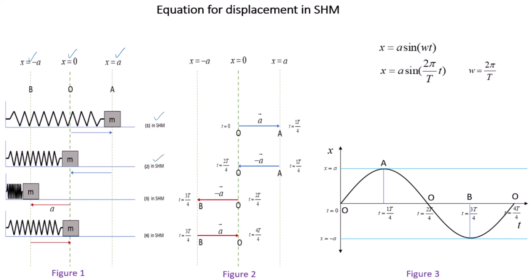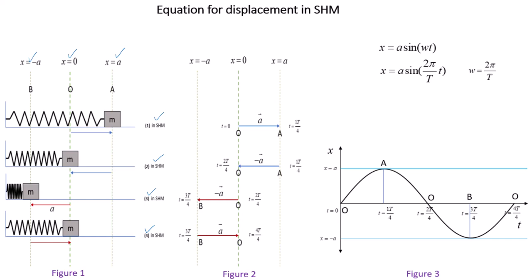Part 2, in which the object moves from point A to point O. And part 3, in which the object moves from point O to point B, that means towards the negative x direction. And finally, in part 4, the object moves from point B to the point O. So summarizing again, simple harmonic motion is the to and fro motion of the object about a midpoint, such that the displacement on both sides of the midpoint is the same.